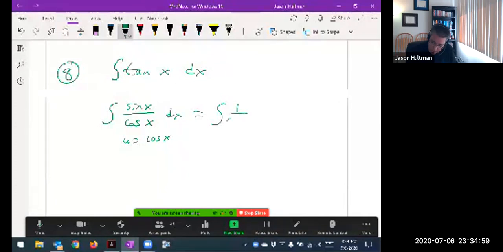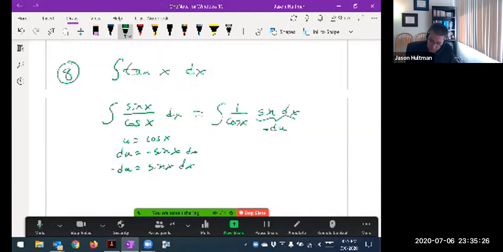I want this to be 1 over cosine x times sine dx. So what is du in this case? Well, du is negative sine x dx, and so negative du is equal to sine x dx.